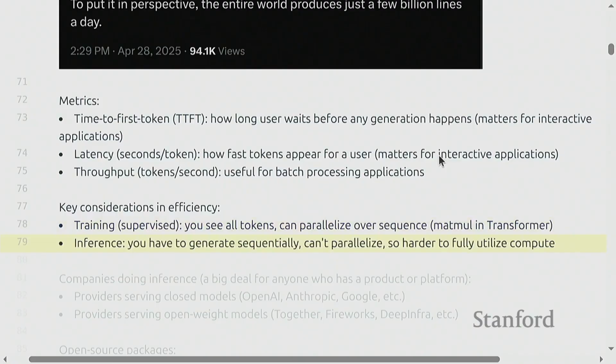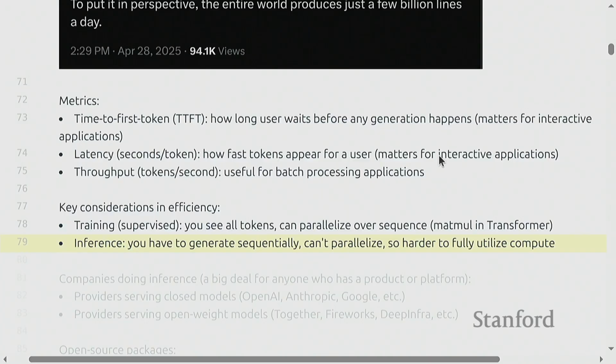But the key defining feature of inference, at least for transformers, is that you have to generate sequentially. You can't parallelize because the generation of a token depends on all of the past.